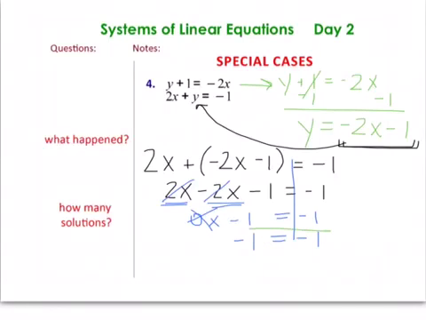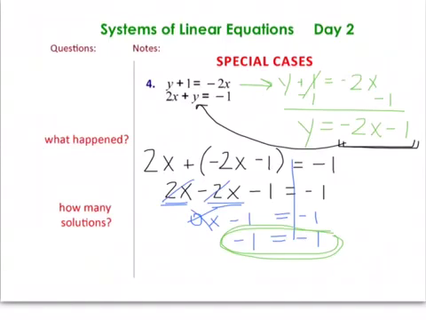What's different about this solution, or what happened in this case, compared to my last case? Does negative 1 equal negative 1? Yeah. Negative 1 will always equal negative 1.